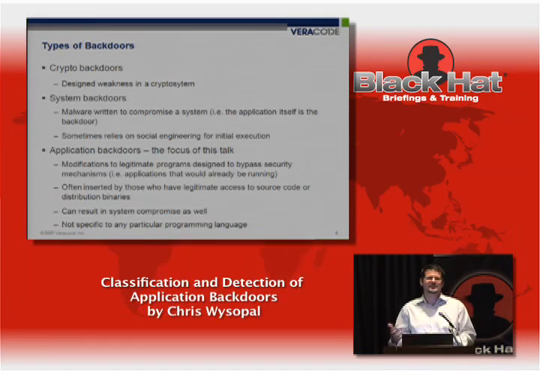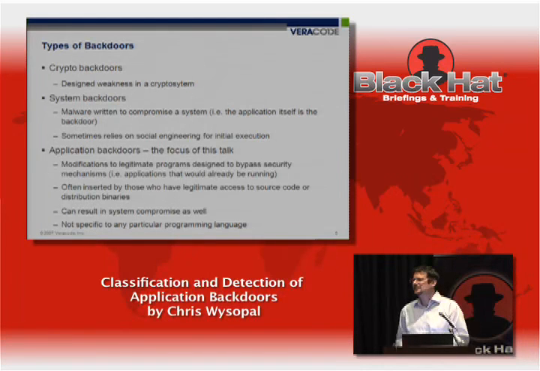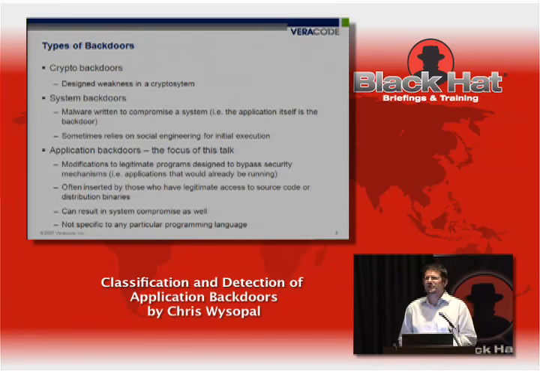Now, it could also be a system backdoor if it gave you system access, but it doesn't necessarily have to. You could think of a shopping cart application that leaked the transaction information, the credit card, to an anonymous email address. That would be a backdoor of that application that's not supposed to be there, but it doesn't necessarily compromise the entire system.